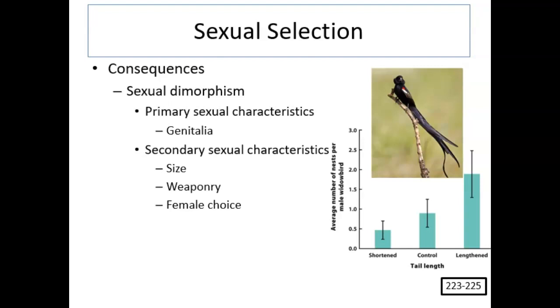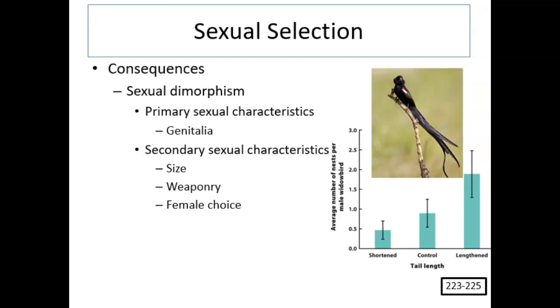Well, I think the best answer is, in order to have selection, you have to have variation. And so if there's no more genetic variation for tail length, well then, that's as long as the tail could be. We can lengthen it artificially, but barring a mutation that codes for even a longer tail, maybe they've reached their genetic limit for the tail length.